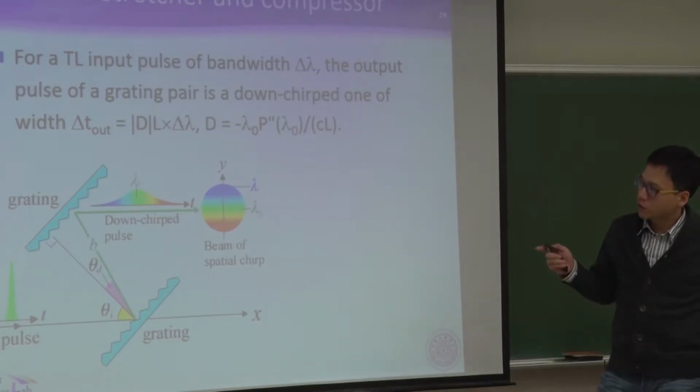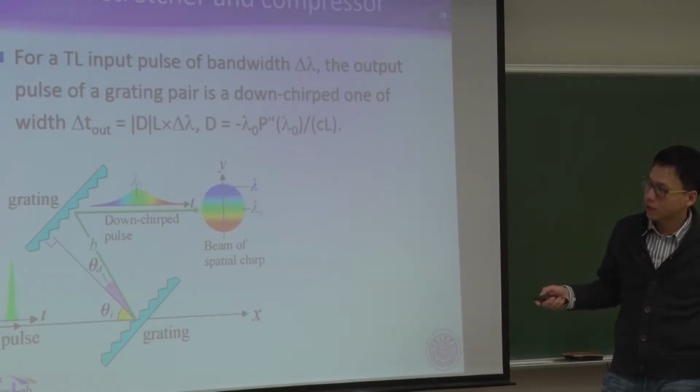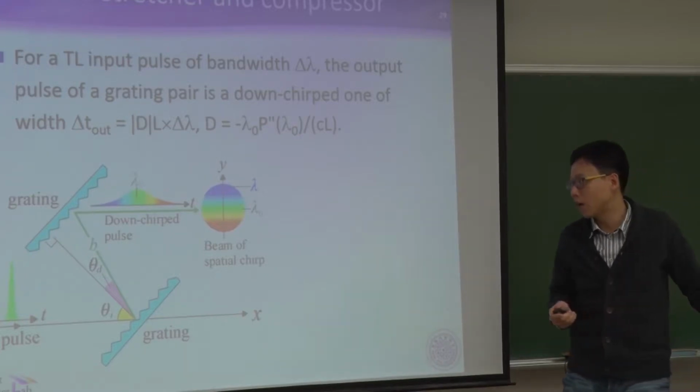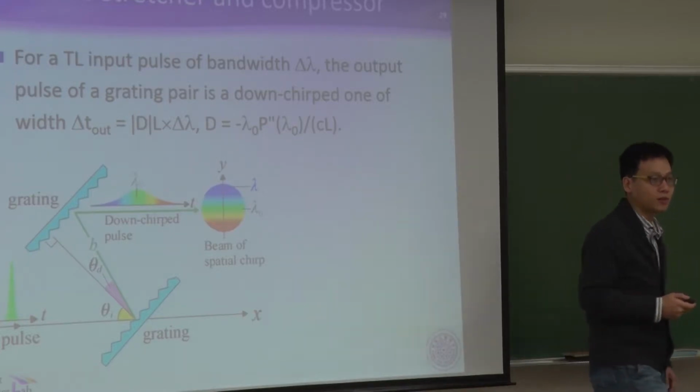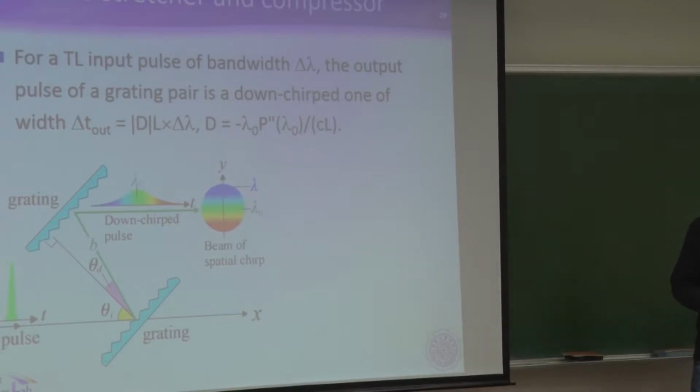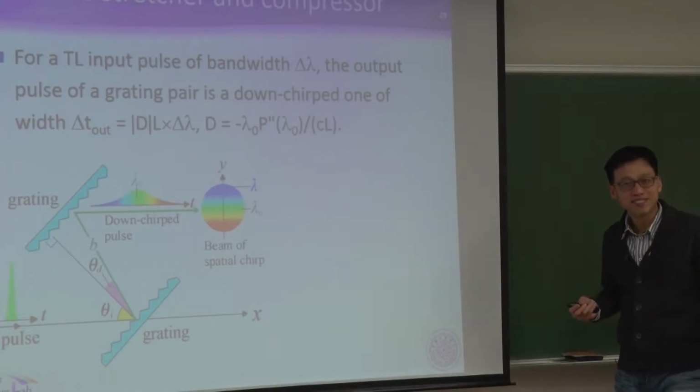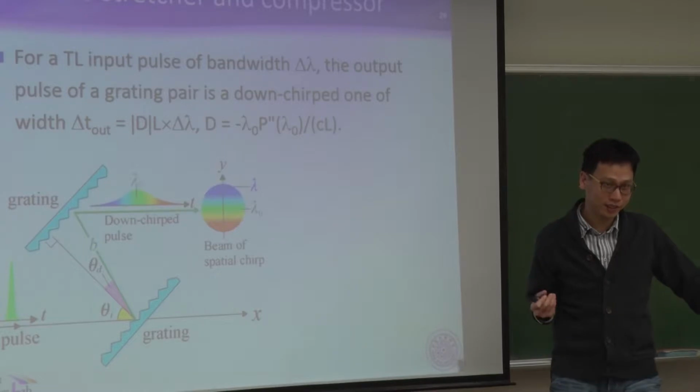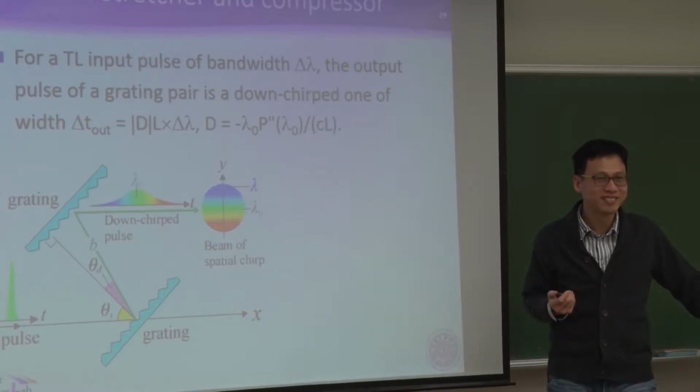This figure shows the example when the grating pair is used as a pulse stretcher. Say you have a transform limited input pulse. After passing through the grating pair, you will create a down-chirped stretched pulse, right? Why is it always down-chirped? Can you create an up-chirped pulse by a grating pair?